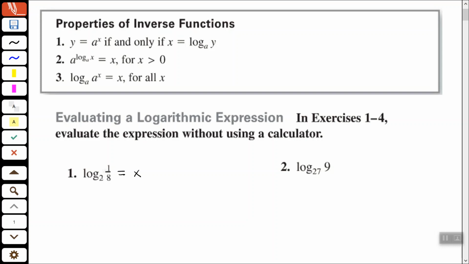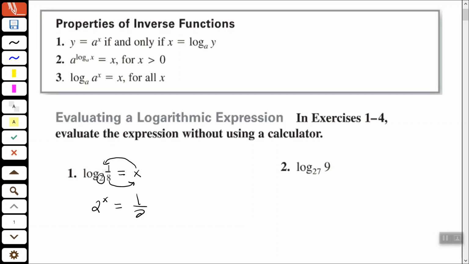Keeping 2 as our base, whatever's on the opposite side of the equal sign comes over and becomes the exponent.